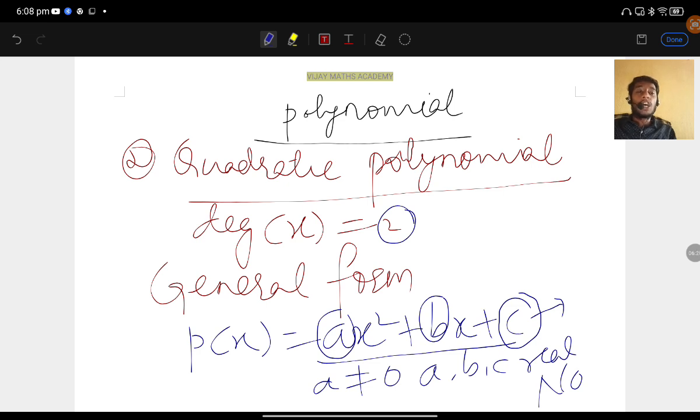This is called the coefficient of x. Behind the x square, we have a constant a, that is the coefficient of x square. Is it clear for you guys? Okay. We will move on to the next, third type, that is cubic polynomial.